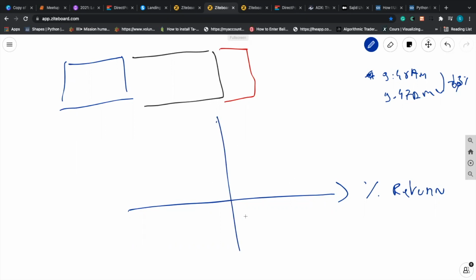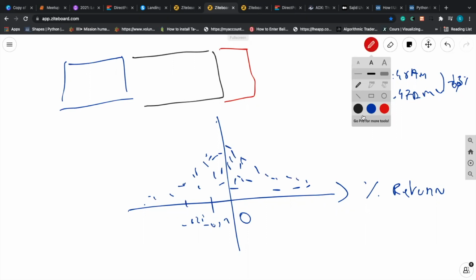Let's say up here we have 0% return, and we're going to get all our different points. Let's say here you got minus 0.1%. Let's say you have 10 points. Here at minus 0.2 you got 5 points. You're going to get your population of data, something which is going to look similar to that. And how we are going to discriminate the population, we are going to give a signal.